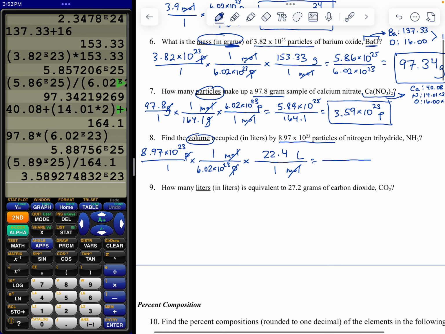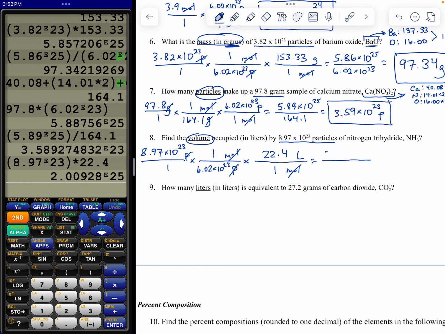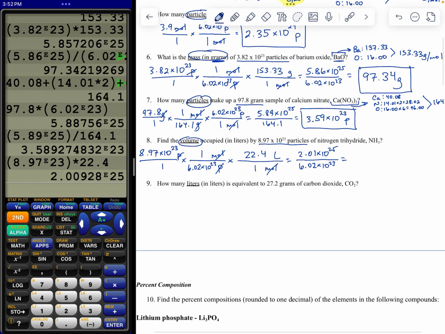So we have 8.97 times 10 to the 23rd times 22.4. That gives us 2.01 times 10 to the 25th. And then, of course, Avogadro's number is now on the bottom because that's where our unit of particle needed to be.